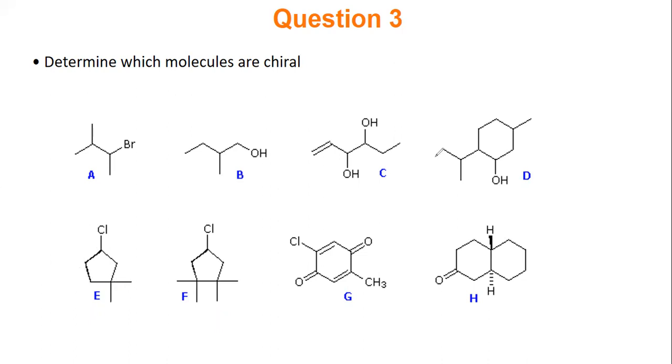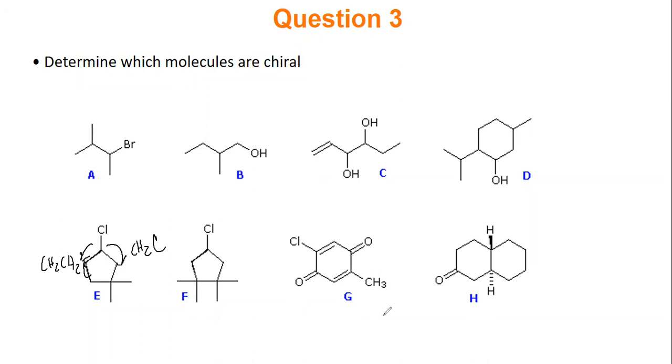But the way it's laid out right now, if I go to the right, I hit a CH2, then I hit a carbon attached to a bunch of things. If I go to the left, I hit a CH2, CH2, then I hit a carbon attached to different things. So that makes each side uneven, which makes the ring chiral. So that's what you need to look for when it comes to a chiral ring.